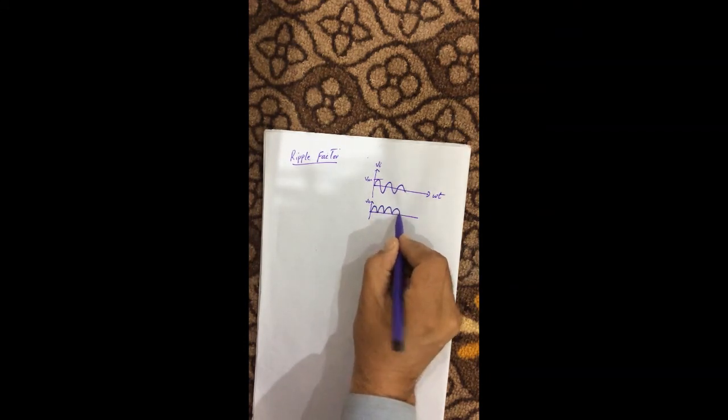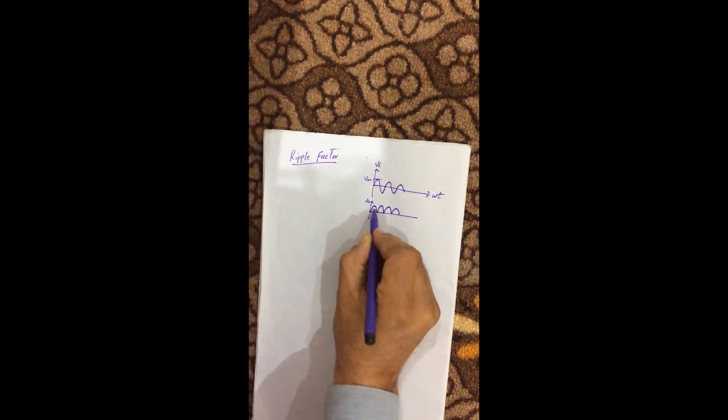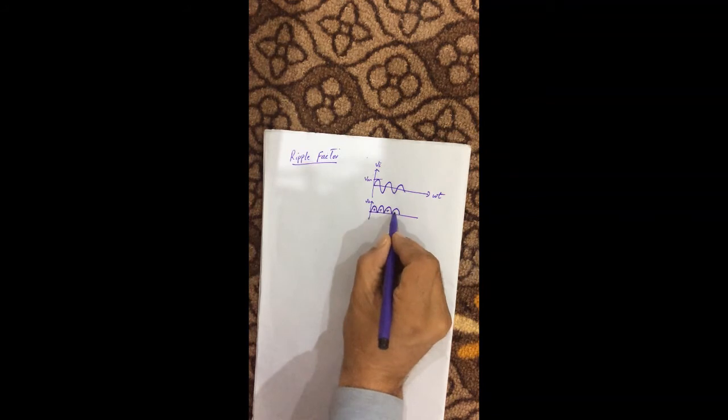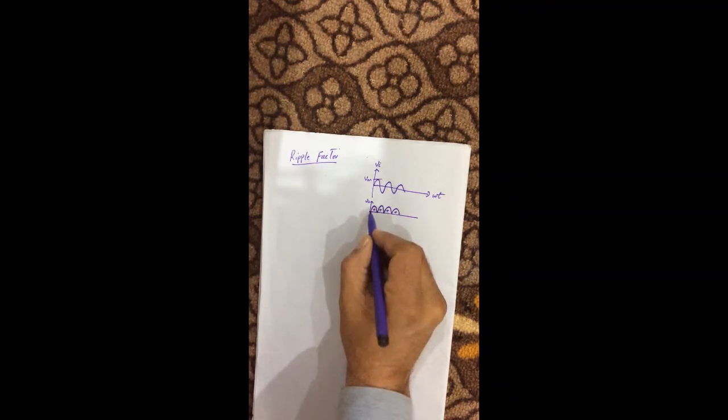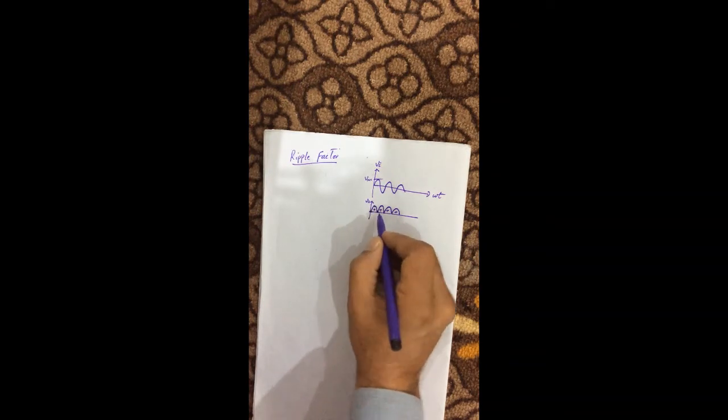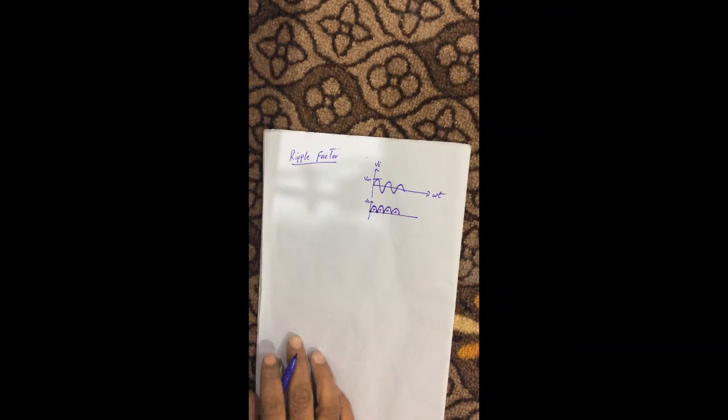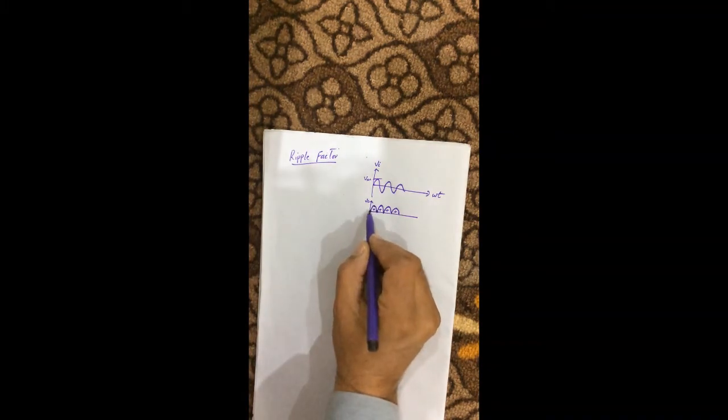It contains both AC and DC components. The DC component is because it's unidirectional, all are positive. The AC component is like it starts from 0, reaches a maximum value, then again goes to 0, and then again increases to a maximum value and goes to 0. This behavior is the behavior of alternating current, while the output voltage always being positive is the characteristic of DC voltage.